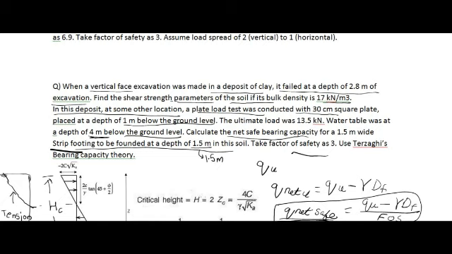Since the water level is too much below the depth of foundation, it will not affect any loading parameter for the foundation. So we can directly take the density as the bulk density of the soil, that is gamma.